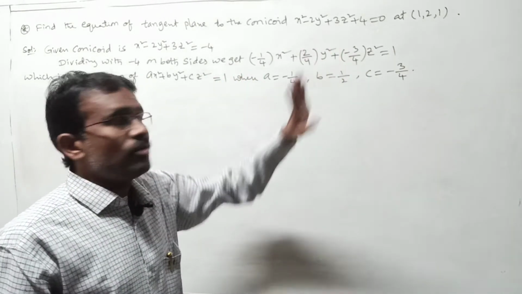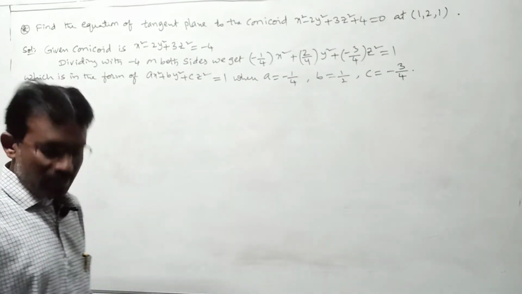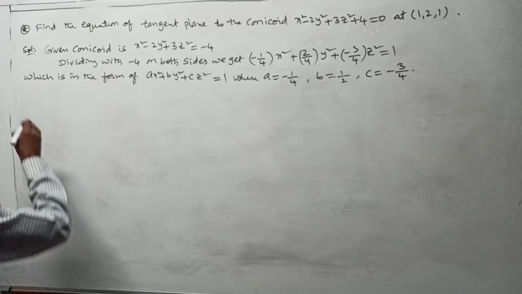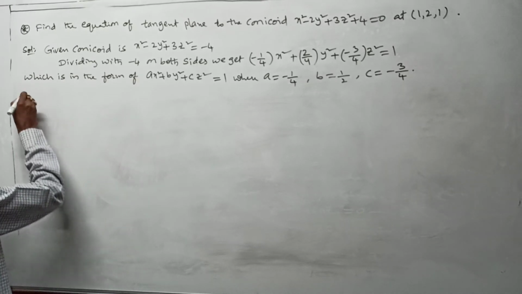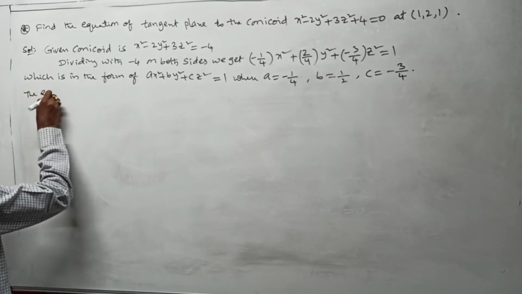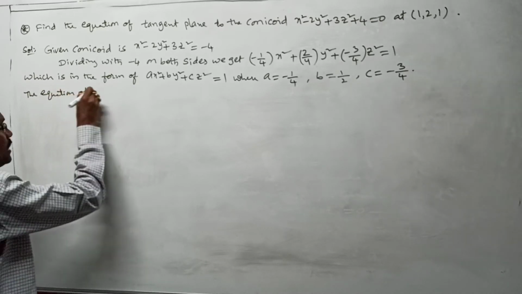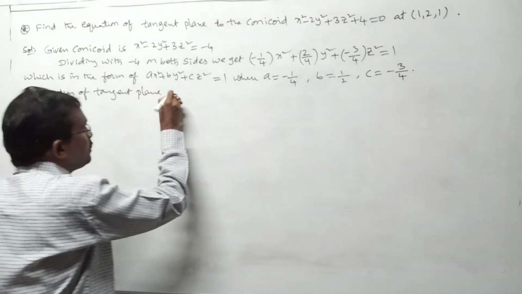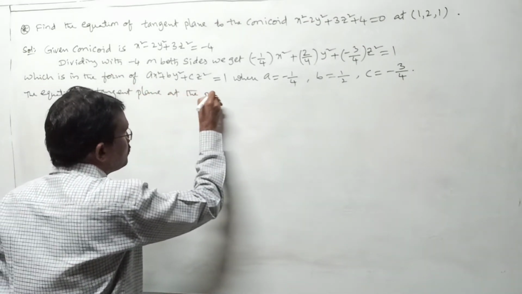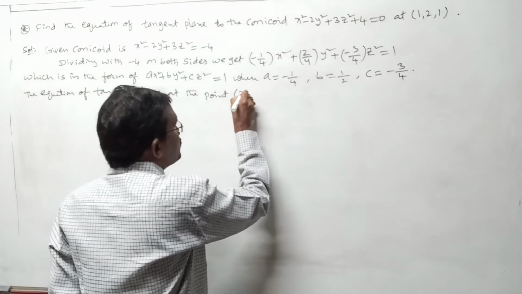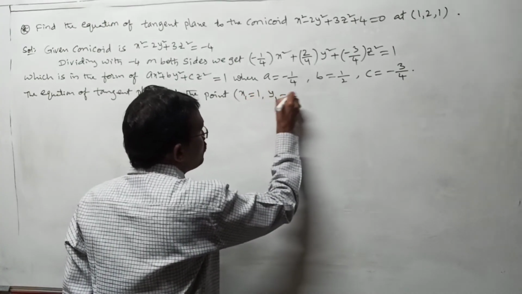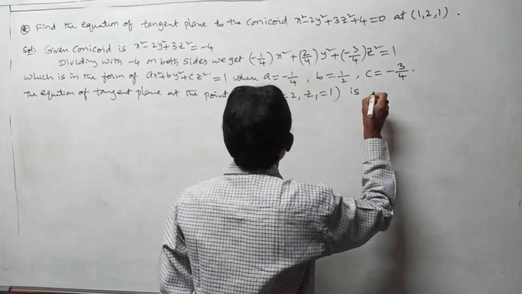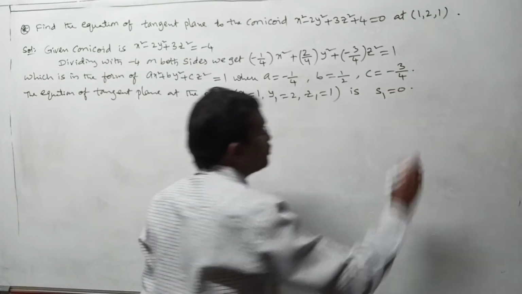In the next step, take your given point as x1, y1, z1. Then define your equation of tangent plane at that point. The equation of tangent plane at the point x1 equal to 1, y1 equal to 2, z1 equal to 1 is basically S1 equal to 0.